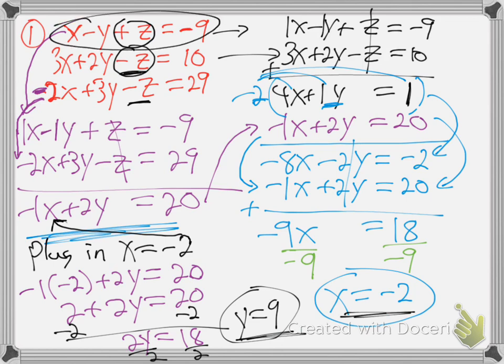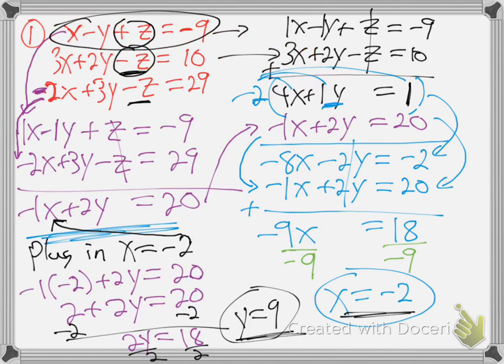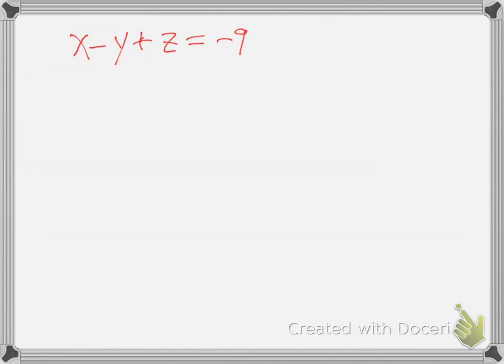So we have y, we have x, and now take those back and plug them into the first equation. I'll go to a fresh screen here. The first equation is X minus y plus z equals negative 9. X is negative 2, y is 9. Plug those both in.